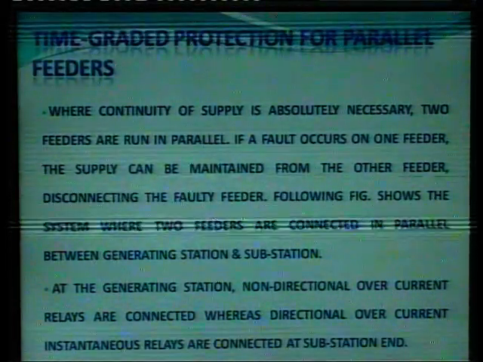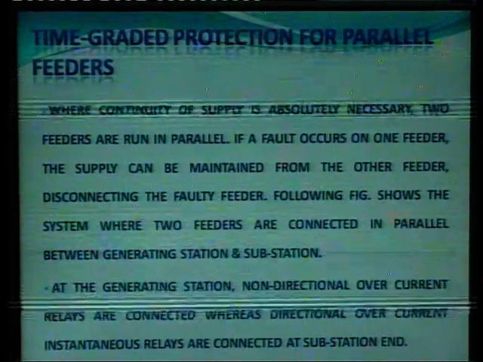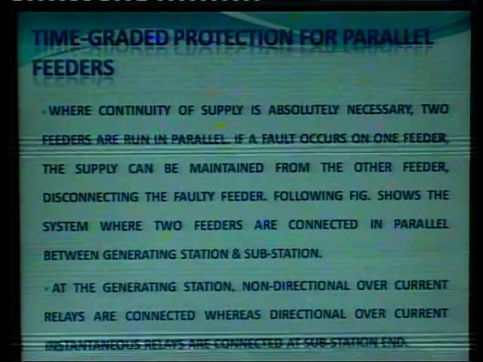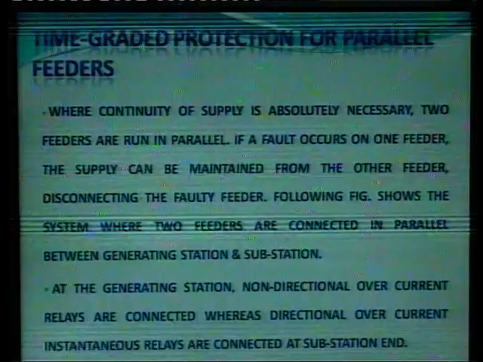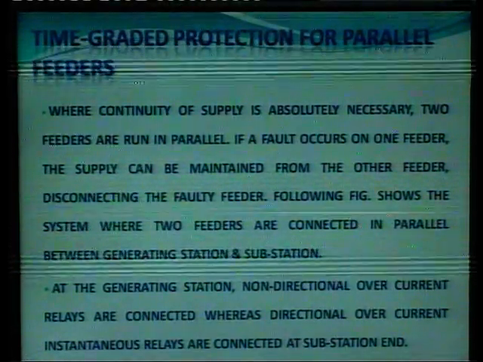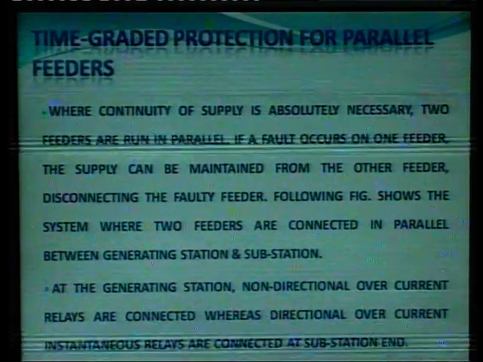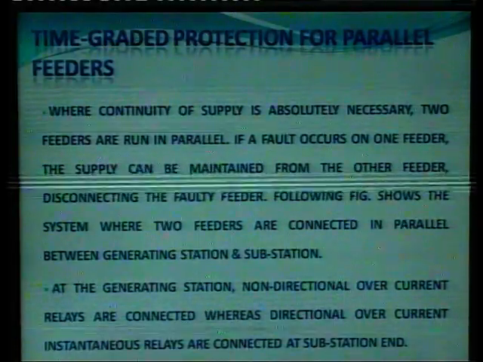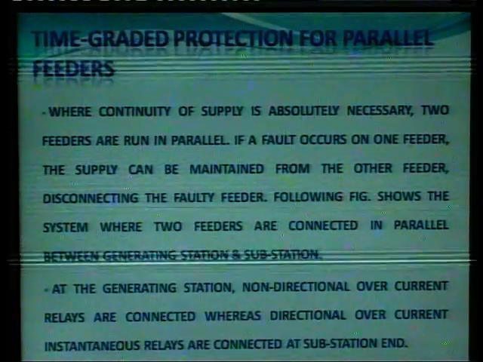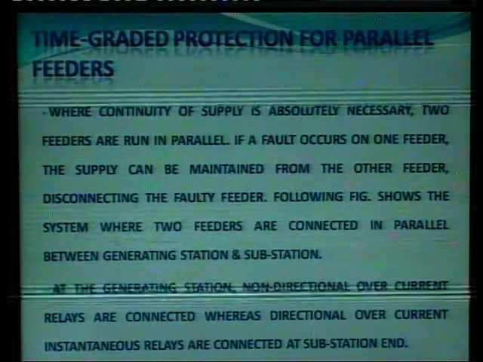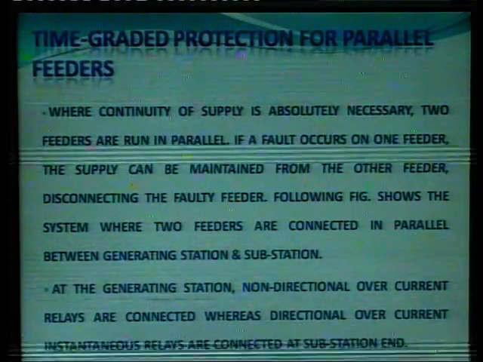The next is time graded protection for parallel feeders. Where continuity of the supply is absolutely necessary, two feeders are run in parallel. If a fault occurs on one feeder, the supply can be maintained from the other feeder, disconnecting the faulty feeder. The following figure shows the system where two feeders are connected in parallel between the generating station and the substation.